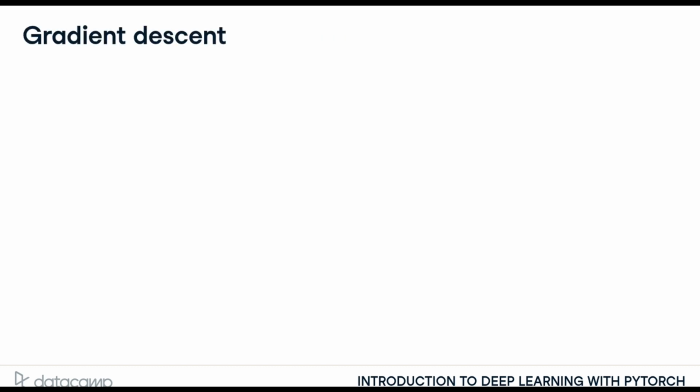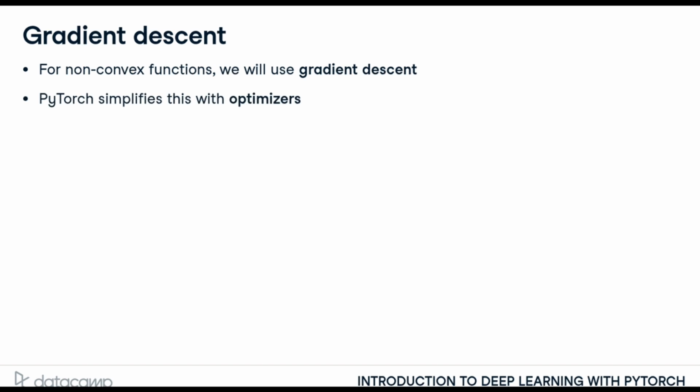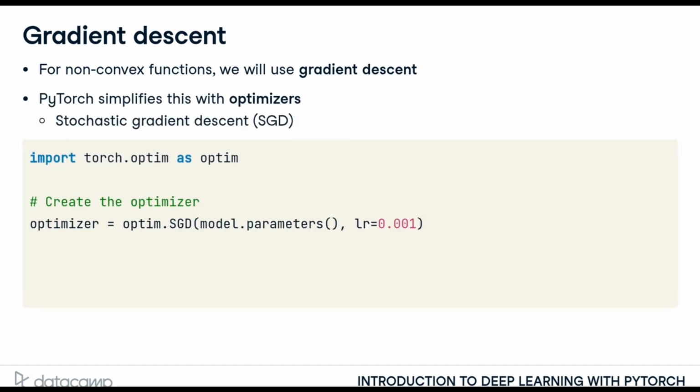We use a mechanism called gradient descent to find the global minimum of loss functions. PyTorch simplifies this with optimizers like stochastic gradient descent, SGD. We use optim to instantiate SGD. .parameters() returns an iterable of all model parameters, which we pass to the optimizer.